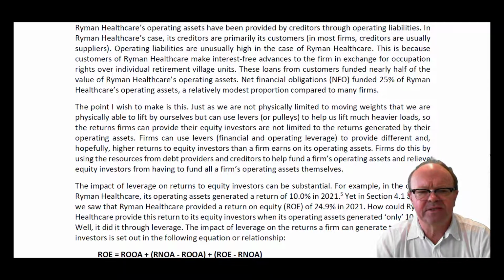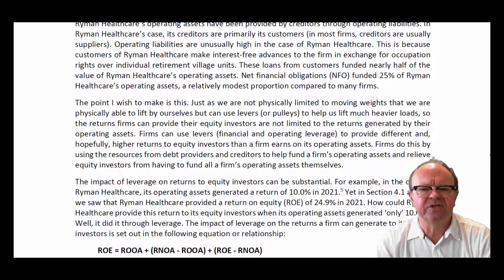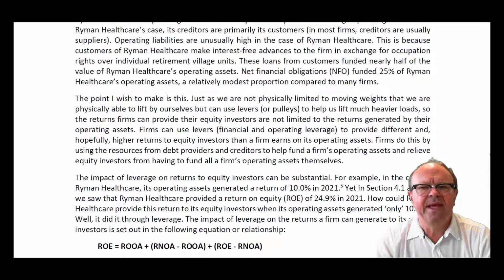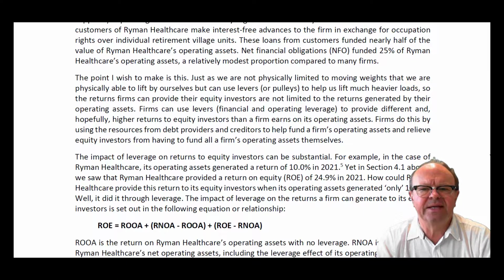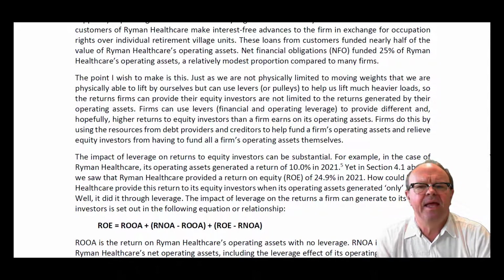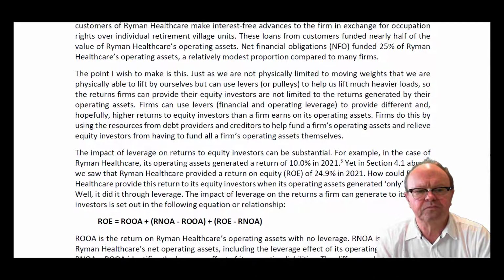This is because customers of Ryman Healthcare make interest-free advances to the firm in exchange for occupation rights over individual retirement village units. These loans from customers funded nearly half of the value of Ryman Healthcare's operating assets. Net financial obligations, NFO, funded 25% of Ryman Healthcare's operating assets, a relatively modest proportion compared to many firms.